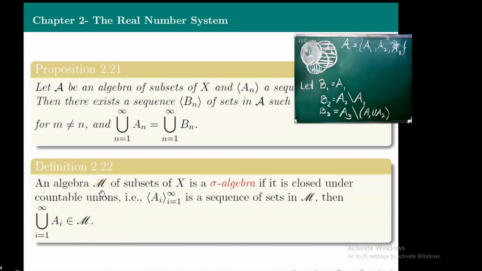So from the definition of an algebra, it is closed under finite union. But here, for a sigma algebra, it is closed under countable unions. So if we have the sequence a sub i, where i is from 1 to infinity, then the union of a sub i from 1 to infinity is in the collection.